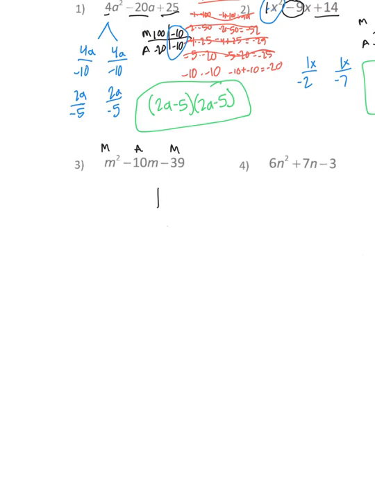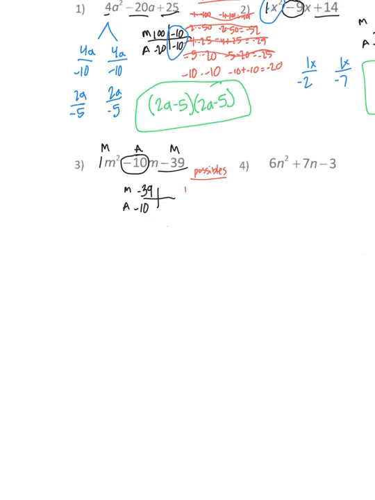Alright, number 3. I've got 1 times negative 39 is just negative 39. And my add box is going to be negative 10. Okay, if we want to multiply to get a negative, that means 1's going to be negative. And if I want to add to get a negative, that means my bigger number is going to be the negative one.